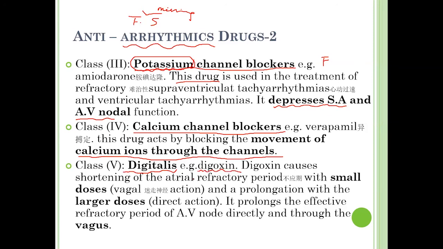Digoxin can work directly on heart muscles, but with different dosages the reactions may be a little different. Truly, it works through the vagus, cranial nerve number 10, to the heart.